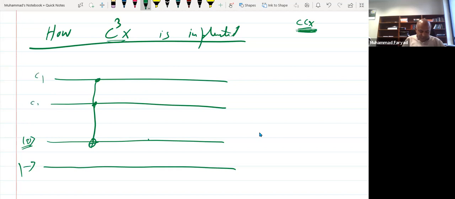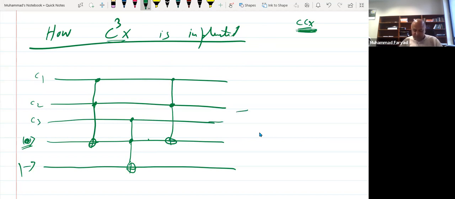So this is C1, C2, and let's say I have C3. And now I do a Toffoli gate with respect to C3 and this ancilla bit that I initialized to 0. And then I do a control X here. And then I do a control X back to reverse this state. So this actually implements this circuit.